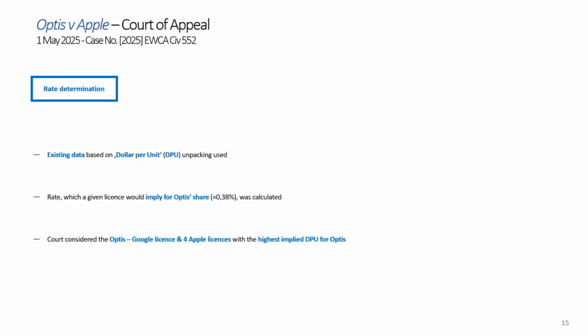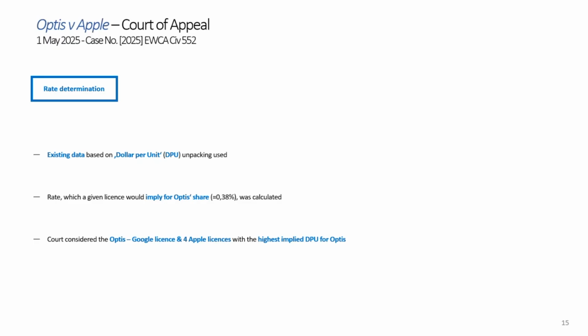And then it took a look both at the Google Optis license, which was a license that the patent owner had signed here, and licenses that Apple had signed, but it did not take every license that Apple had signed into account, but considered only the 4 Apple licenses with the highest implied dollar per unit rate for Optis.